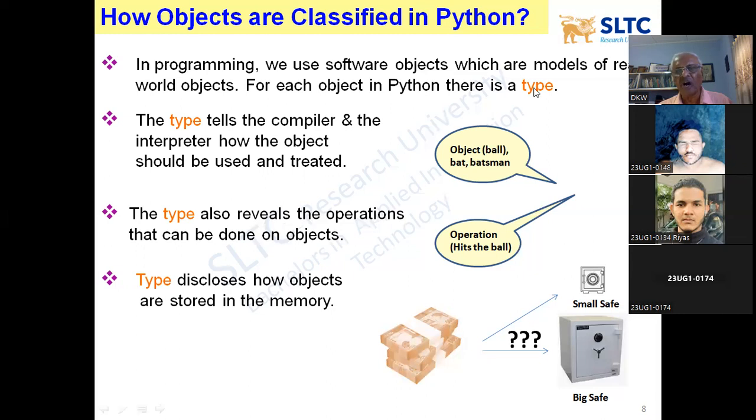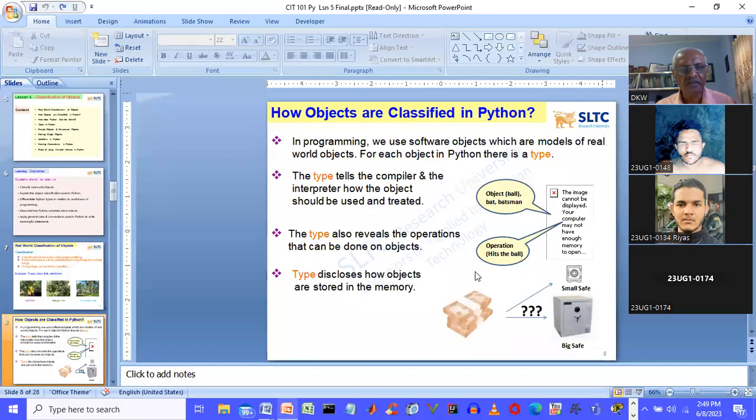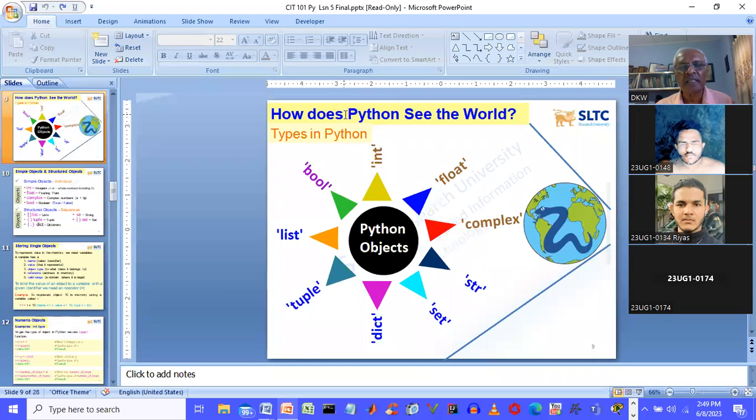So how Python sees the world is that Python sees everything in the world as having a type. Let me go to the next page. How does Python see the world?